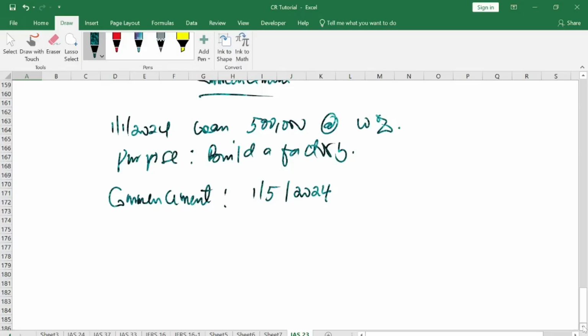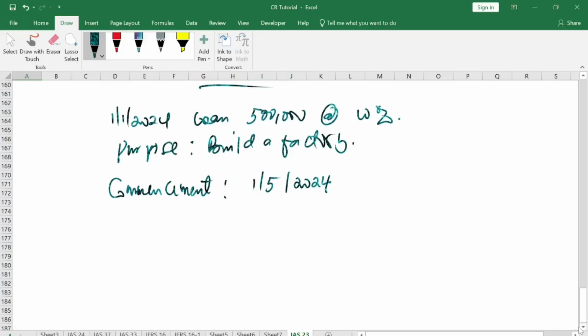So when do we say that we can now capitalize on this loan and measure the value of the asset? The purpose of the loan is to build a factory, and it's going to take maybe 2 years to build this factory. So now what do we do here?